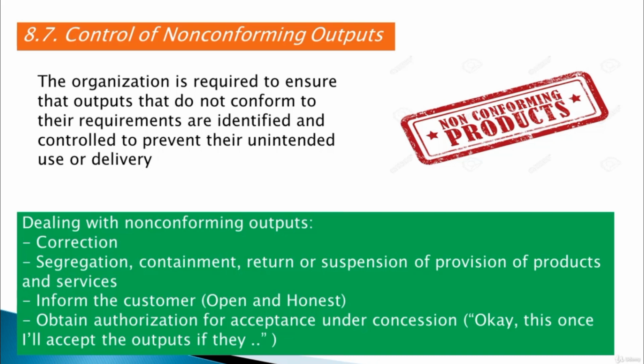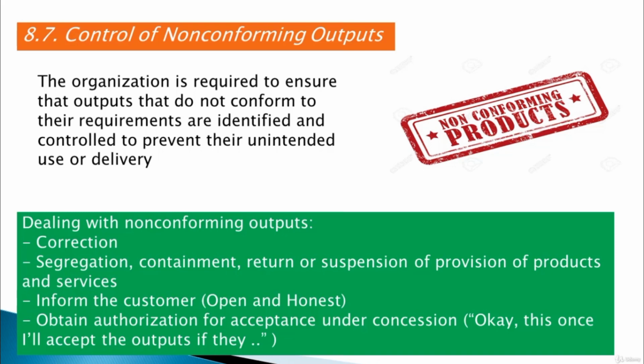Essentially, the ability to ensure that the organization knows how many non-conforming outputs were created and what, if any, have escaped, and that the organization can return them to the previous process or request the customer to return them. Basically, just stopping producing the non-conforming outputs.